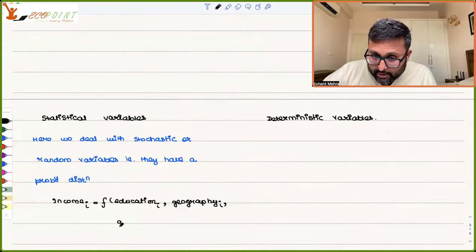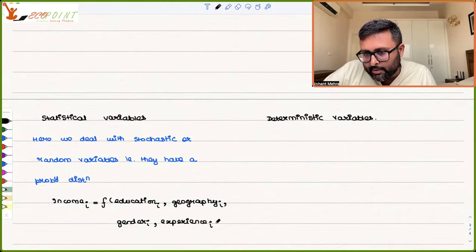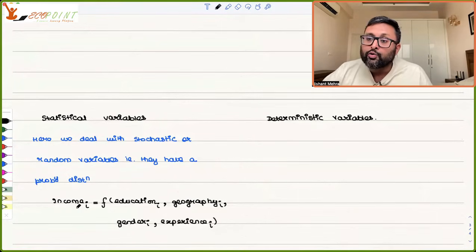It is also dependent upon gender of individual i. It is also dependent upon experience of individual i. You can take up many explanatory variables to determine the income of the individual i.